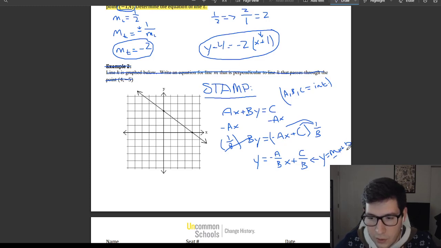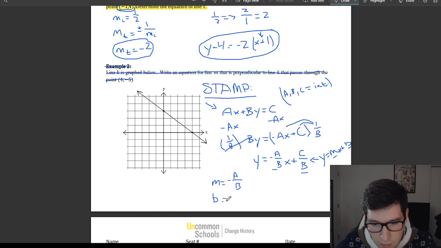And so if I look at what I have in these spots, I know that after looking at something in standard form, the slope will always be negative a over b, and my y-intercept, or my b value, is always going to be c over b.